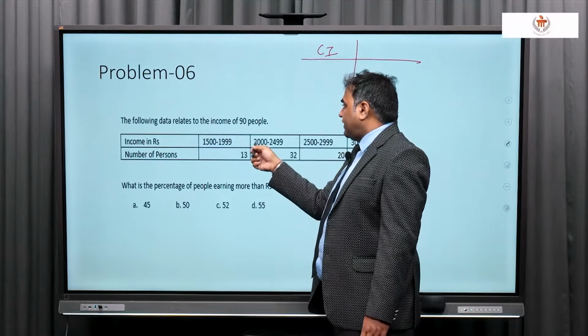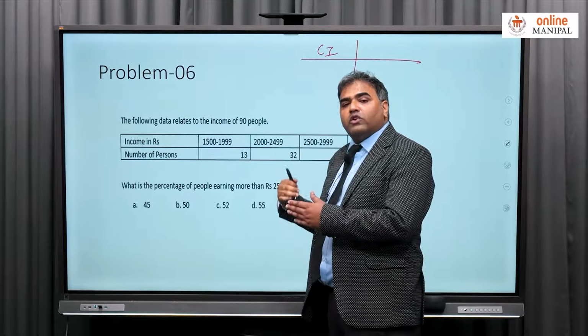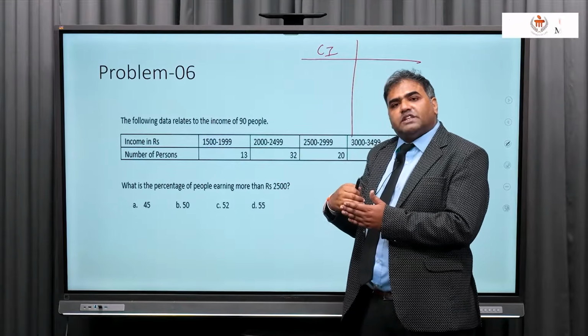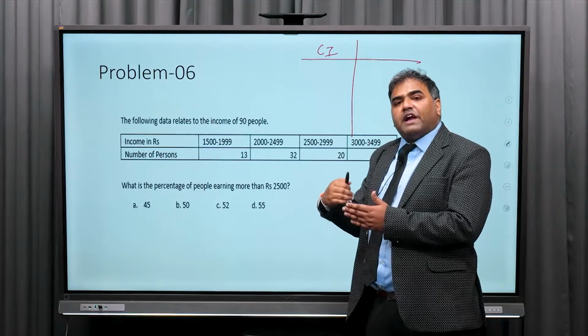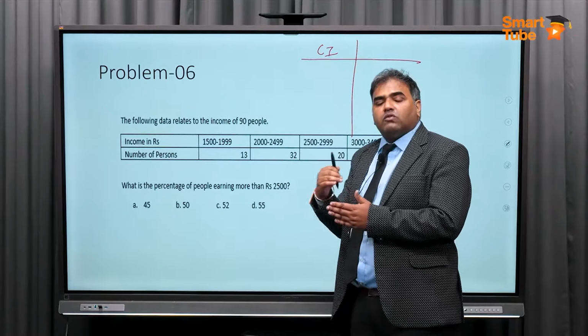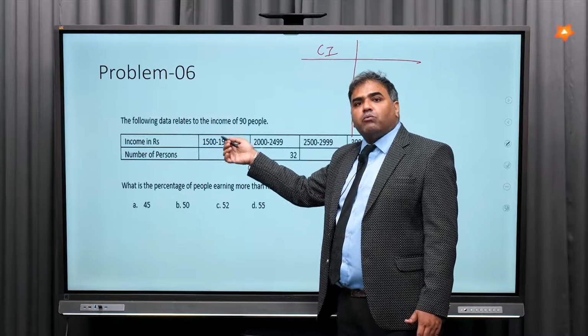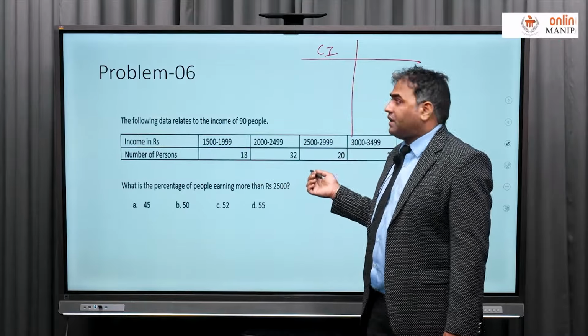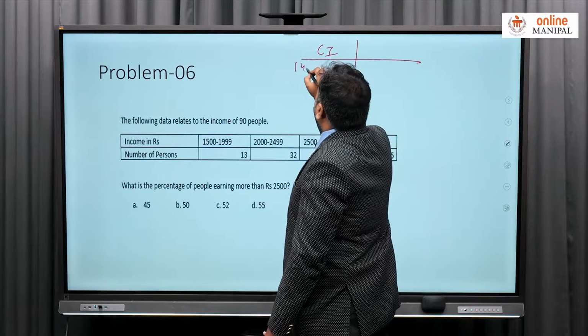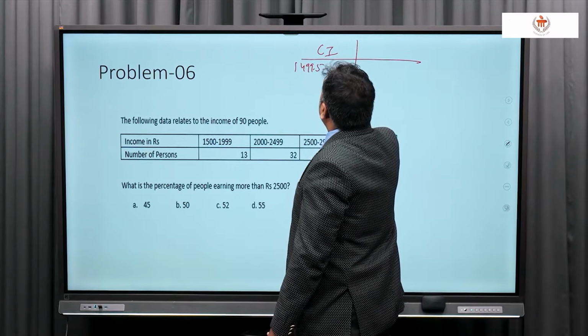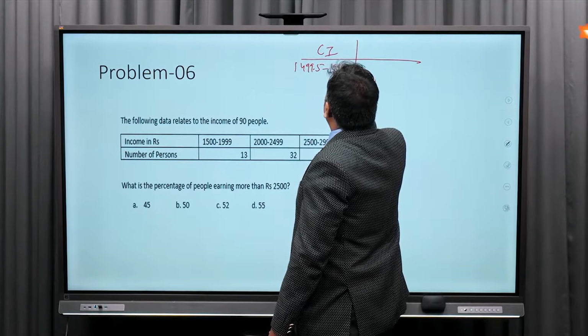So the normal class interval should be continuous in nature. If you notice, the difference is 1, 1, 1. So how will you convert discrete class limits into continuous class limits? By finding out the difference. Difference is 1, 1 divided by 2 is 0.5, subtract 0.5 from the lower limit and add 0.5 to the upper limit. So your class interval will become 1499.5 to 1999.5.